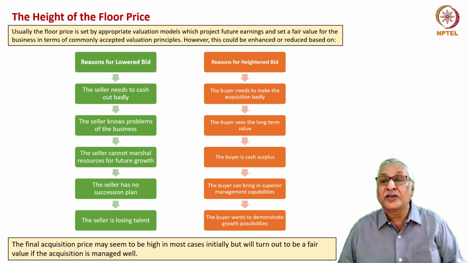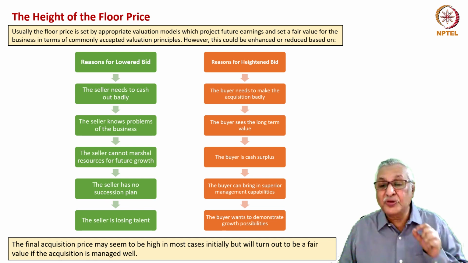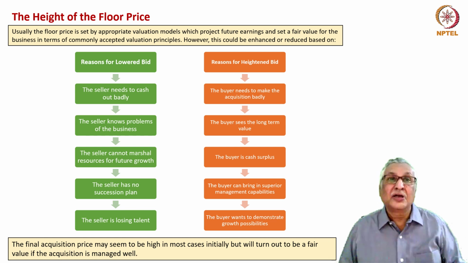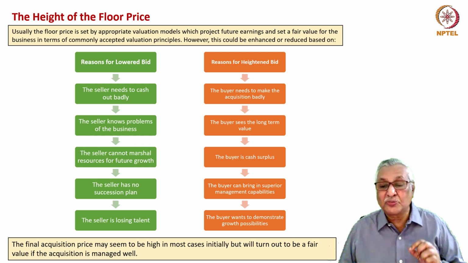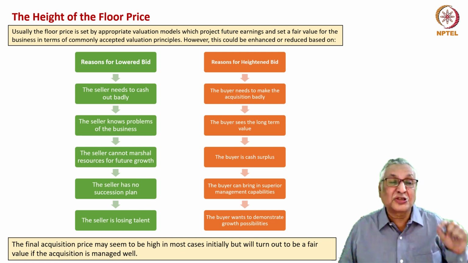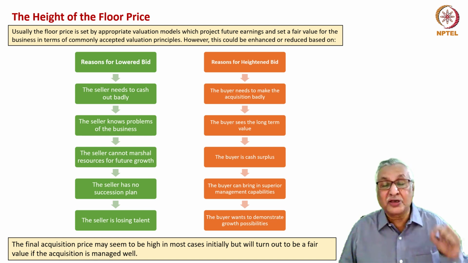What are the reasons for a heightened bid? The buyer needs to make the acquisition badly. The buyer sees the long term value. The buyer is cash surplus. The buyer can bring in superior management capabilities, and the buyer wants to demonstrate growth possibilities. That is, the buyer is willing to bet its top dollar on the acquisition because the buyer is seeing the potential which others are not able to see.